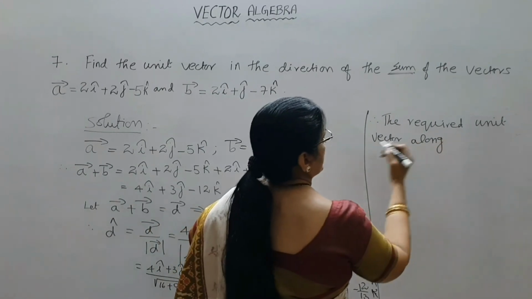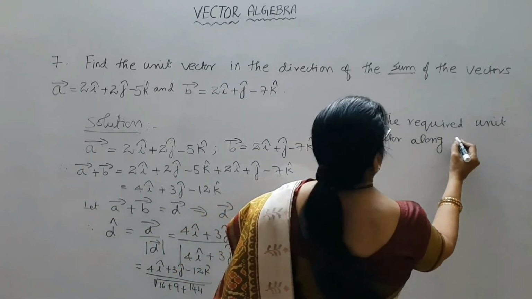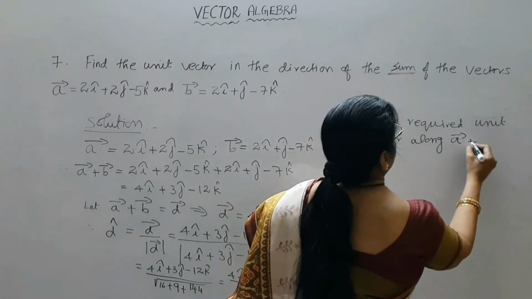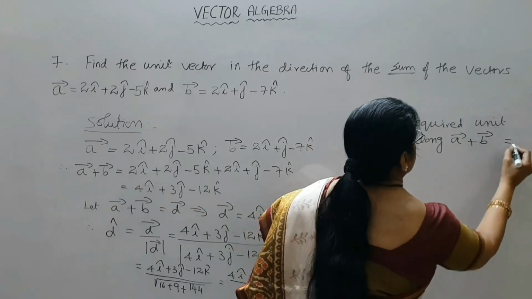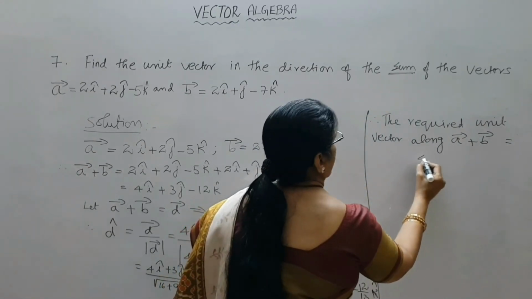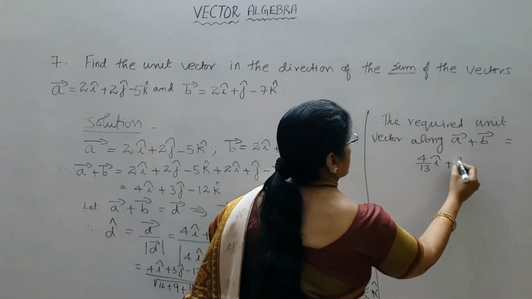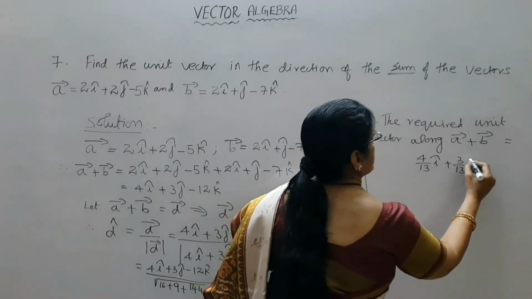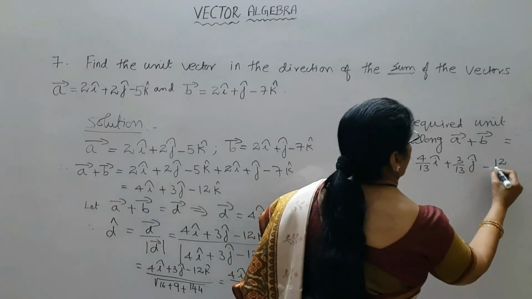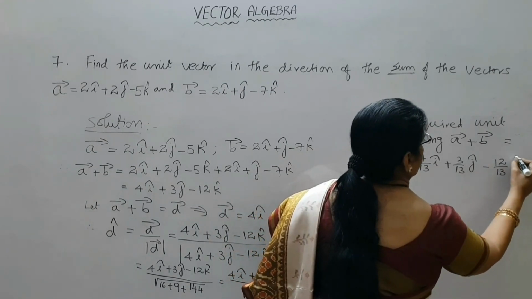The required unit vector along A vector plus B vector is equal to 4 by 13 i cap plus 3 by 13 j cap minus 12 by 13 k cap.